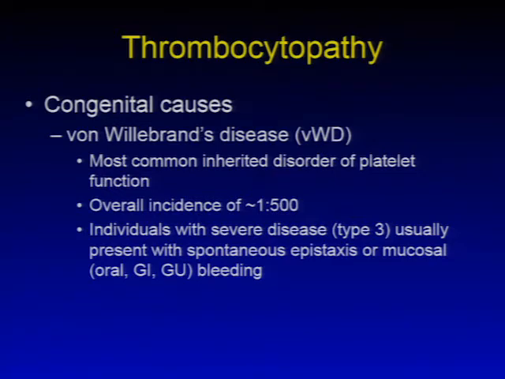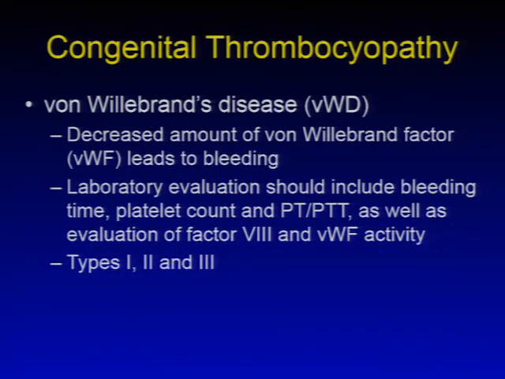Has an incidence of about 1 in 500, so a pretty common process, something you'll certainly see in your patient population, most likely. Patients with severe disease, and there are 3 types, we'll cover them shortly, will present with some kind of spontaneous mucosal bleeding, often epistaxis, but can be also oral, GI, or GU as well.